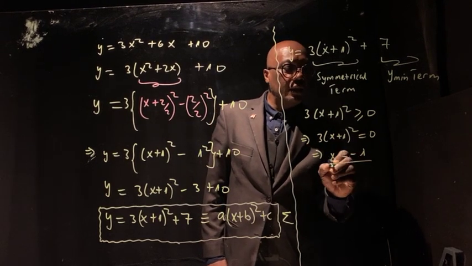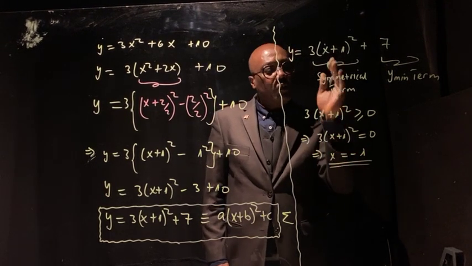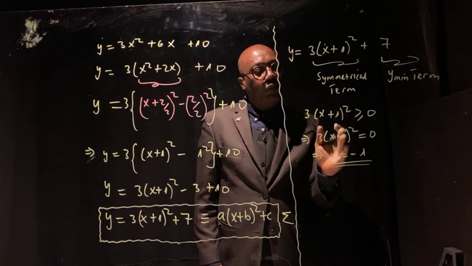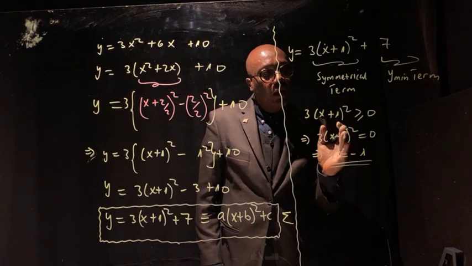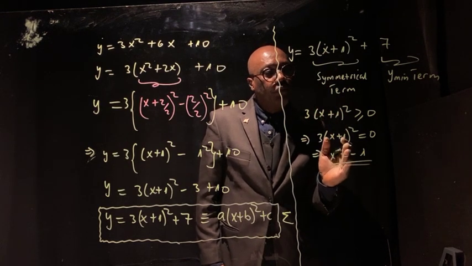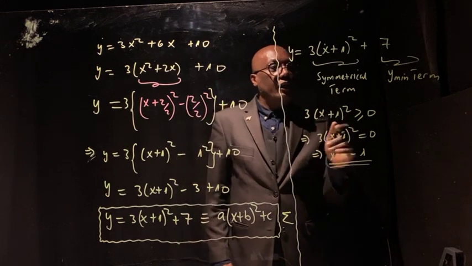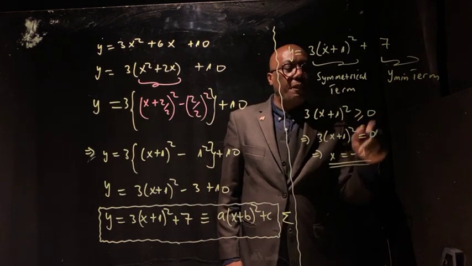This indicates that the symmetry of the quadratic curve will pass exactly where x equals minus 1. Okay, this is the y minimum term.